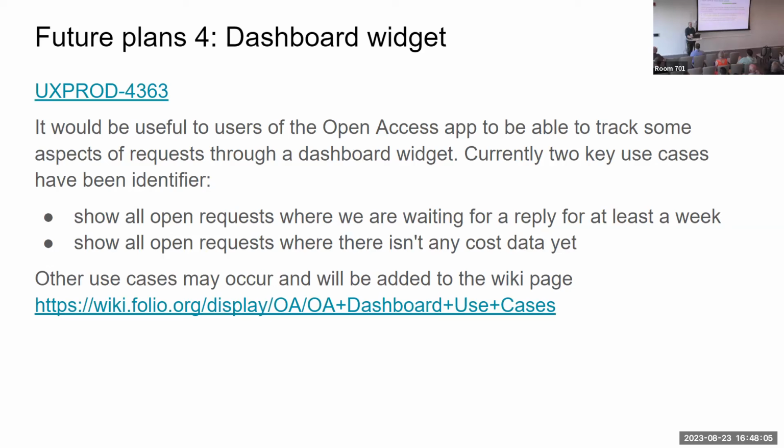We've started to collect use cases from the OA SIG to work out what are the things that widget would need to be able to support. So basically thinking, what are the searches? Again, this we hope will help with workflow. For example, show all open requests where we're waiting for a reply from someone for at least a week. I didn't show you this, but there's a correspondence field on the open access request where you can add correspondence from publishers, and you can add that incrementally.